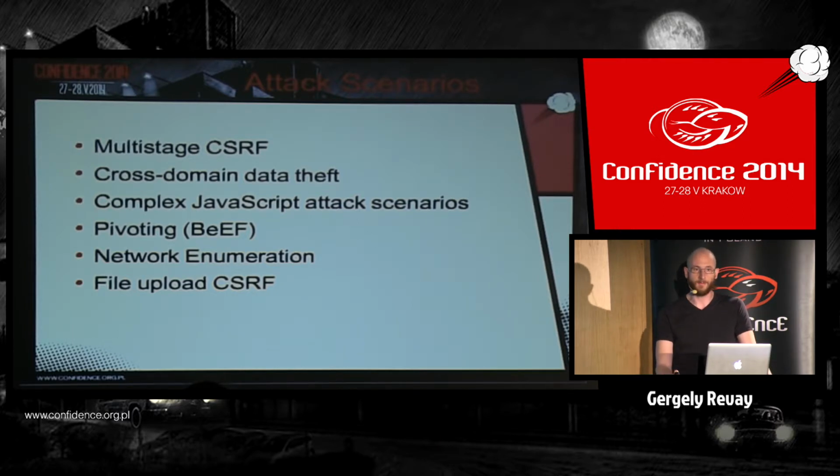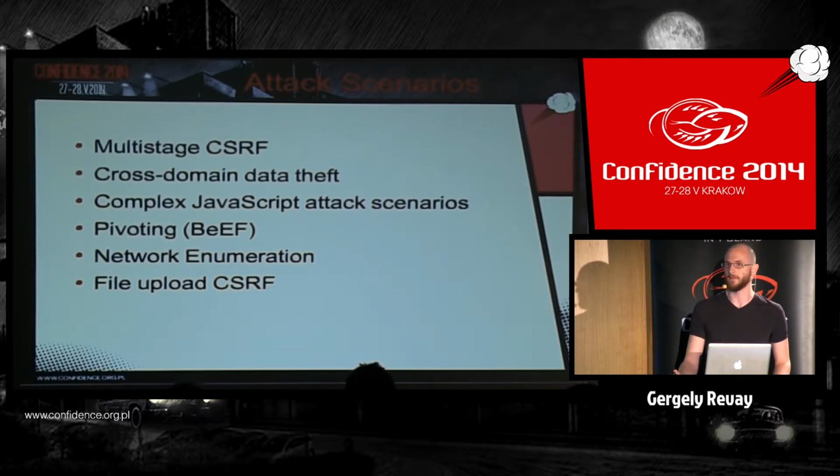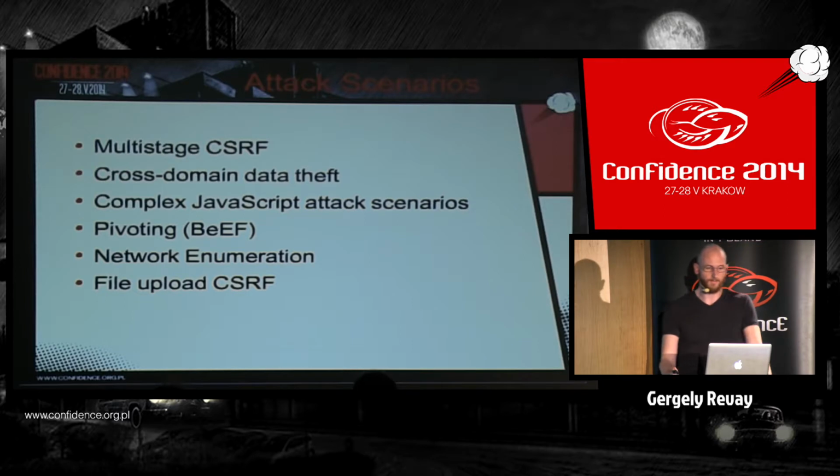But if you have JavaScript, and that's what cross-origin resource sharing allows, to use JavaScript in your attacks, then in JavaScript you can do whatever you want. You can just create the requests and send them in the appropriate order, and that's it. So it's easy to do such multi-stage things.